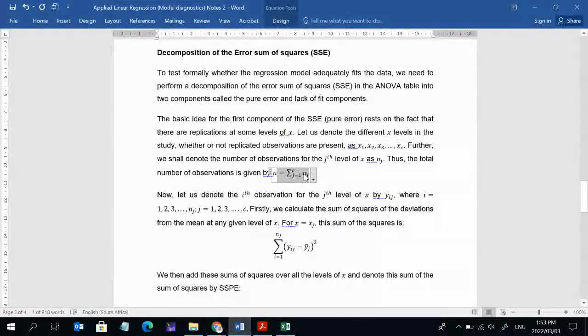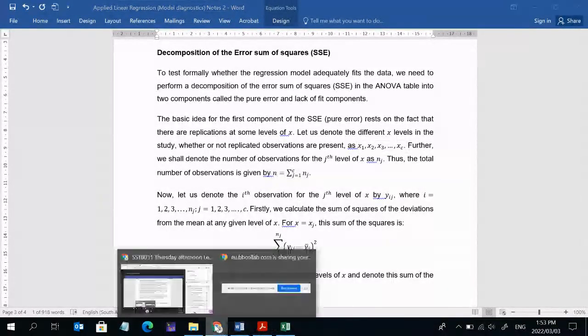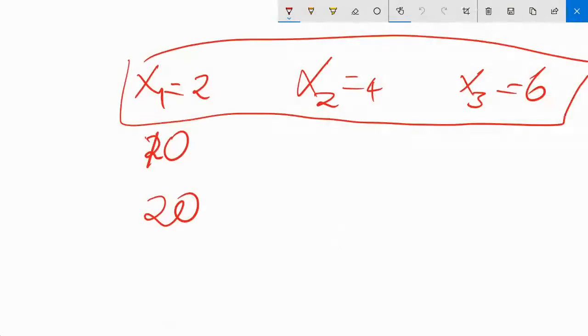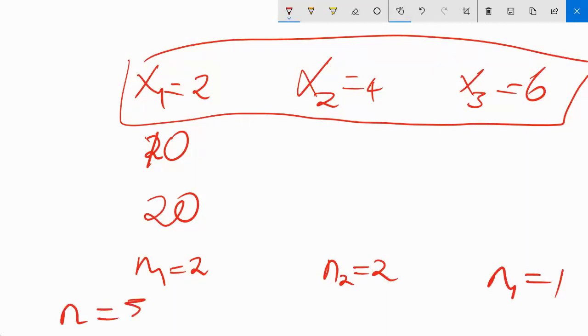Which means our n, if we were to use this formula, let me go back to the whiteboard. Here our n1 was 2, our n2 was equal to 2, but our n3 was 1. So we are saying the sample size is the summation of this, which means it is 2 plus 2 plus 1, and we have 5.